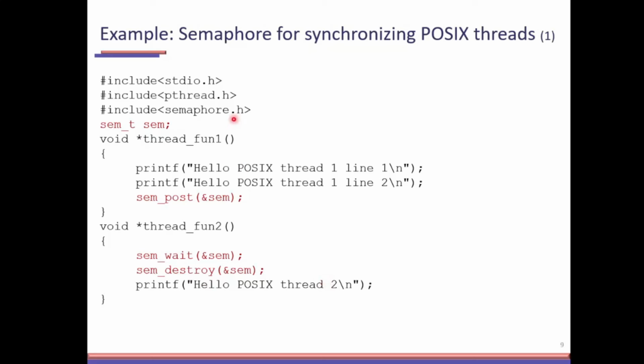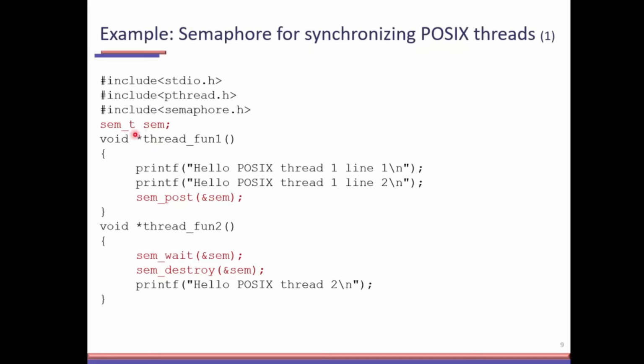We want these two operations to happen synchronously, in a sequential manner. Here I have written sem_post, and here sem_wait. sem_post will make the semaphore available to be used by this task, and sem_wait will wait for the semaphore to be available.